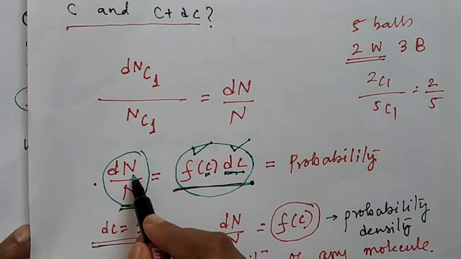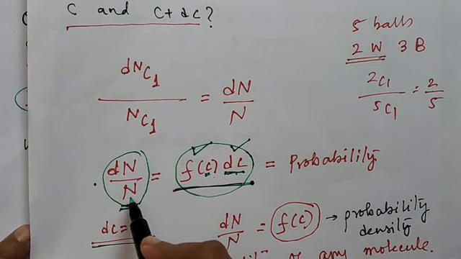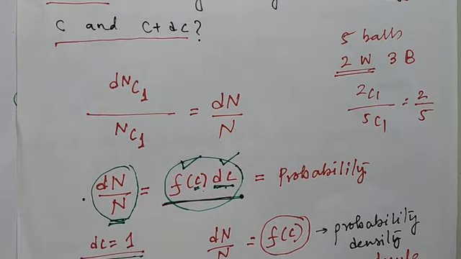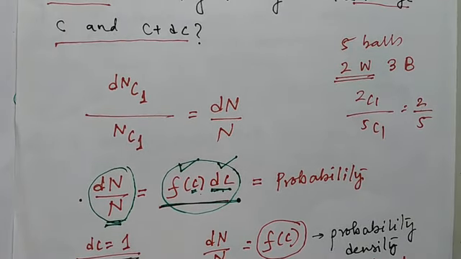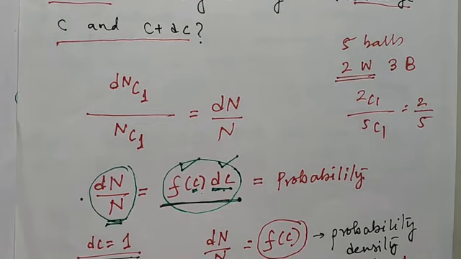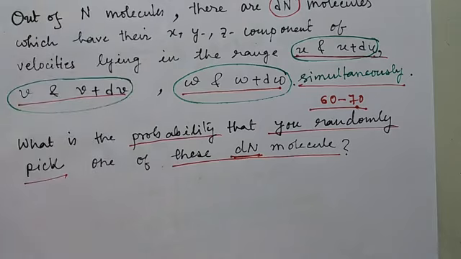So dn is the number of ways it can happen divided by the total number of possible outcomes. N is the total number of molecules in the system, which is the total number of possible outcomes, and dn is the number of ways it can happen because there are dn molecules which have their velocity components lying in the said ranges.